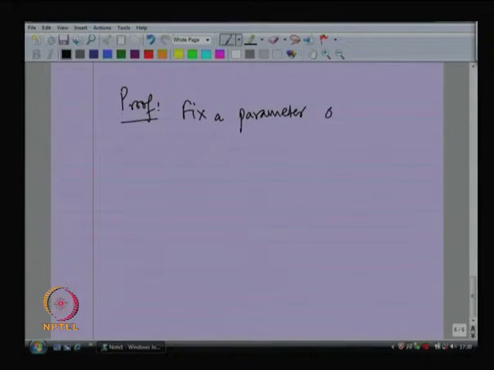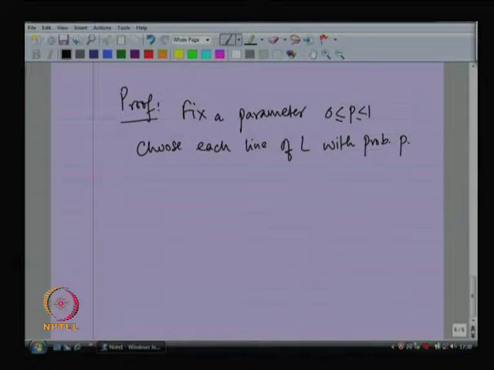So, fix a parameter p, choose each line with probability p, okay, and let R be the set of chosen lines.